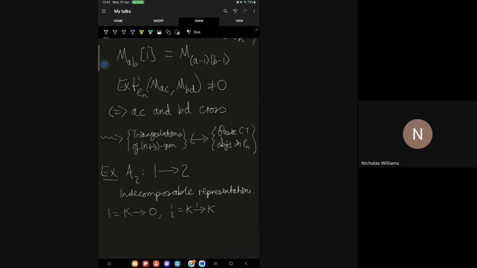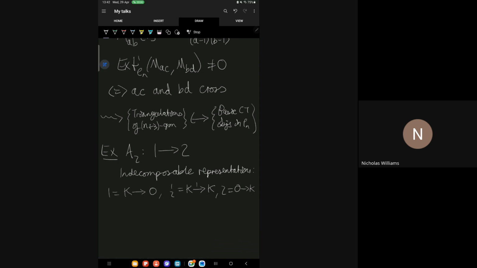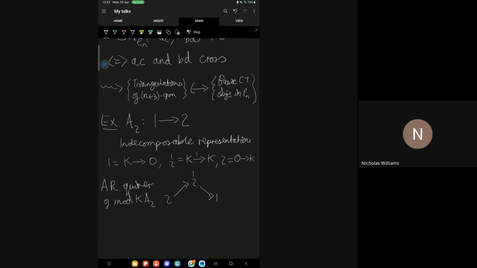K to K. And finally, this representation I'm going to label 2. And so we can draw the so-called Auslander-Reiten quiver of modules over the path algebra of A2. This namely draws these 3 objects and the irreducible homomorphisms between them. So there's one from 2 to 1, 2, and then one from 1, 2 to 1.